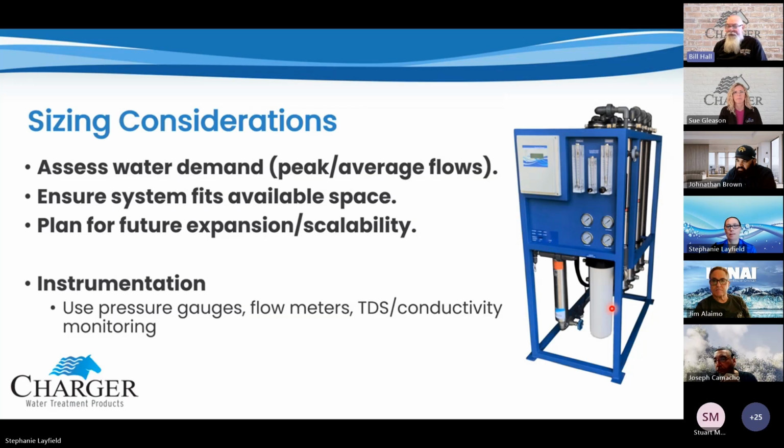It'll tell you an SDI of less than 5 or an SDI of less than 3. You've got to do this stuff up front to make sure. SDI is the plugging factor. If you try to push too much water through, trying to keep more water on your permeate side and less going to the drain, you're going to tend to plug those membranes up a little quicker.